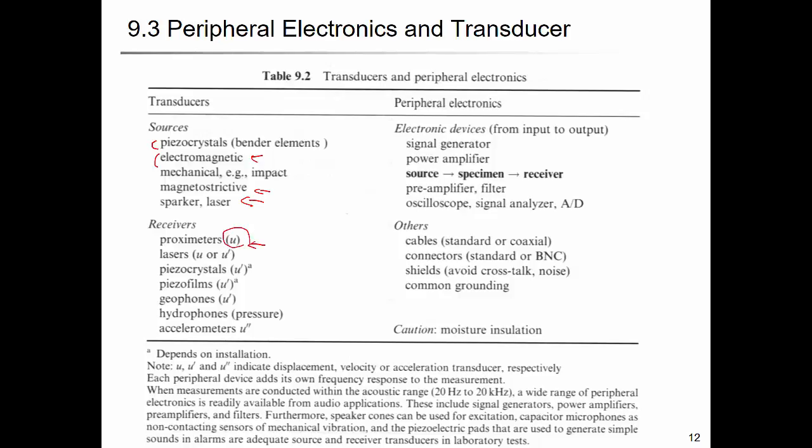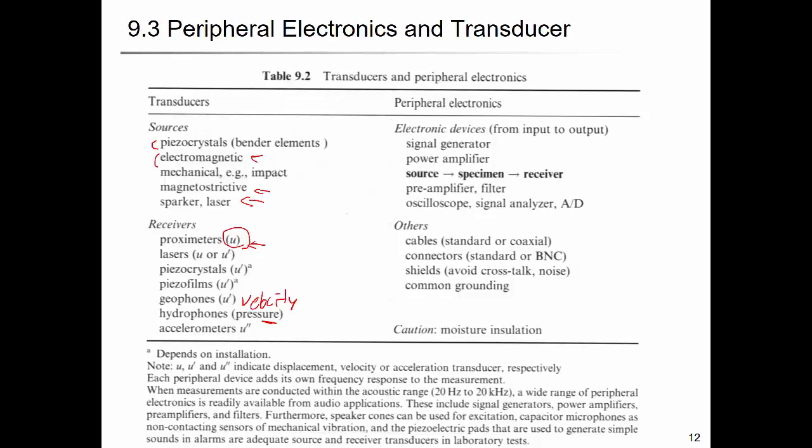So here U is the displacement. The laser measures U or U prime, so you can measure the displacement or the rate of displacement, which could be velocity. And piezo crystal measures the rate of displacement. Piezofilm, also the rate of displacement. And geophones measure the rate of displacement, so they measure the velocity. And a hydrophone measures the pressure.